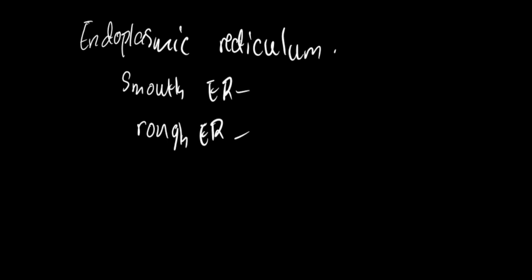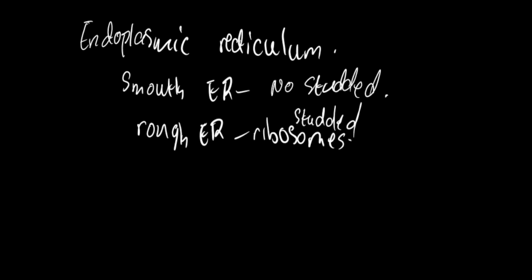The smooth endoplasmic reticulum has a smooth outlook, and the reason is that it is not studded by ribosomes. The rough endoplasmic reticulum is studded by ribosomes. This simply means that the smooth endoplasmic reticulum does not have ribosomal attachments. Another key difference in terms of structure is that the smooth endoplasmic reticulum has a tubular appearance.